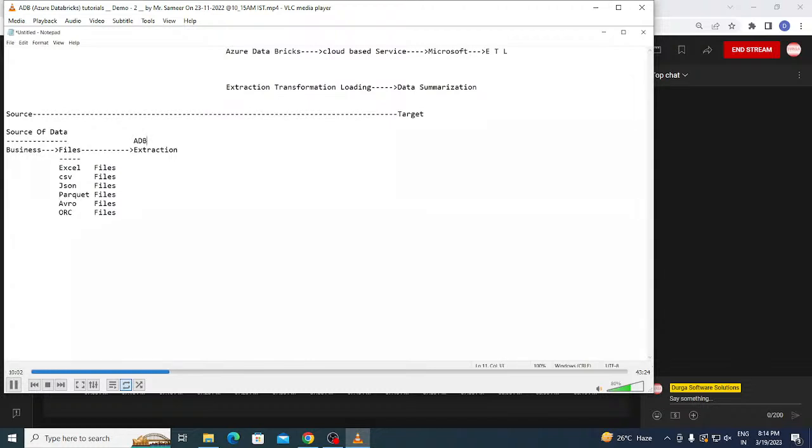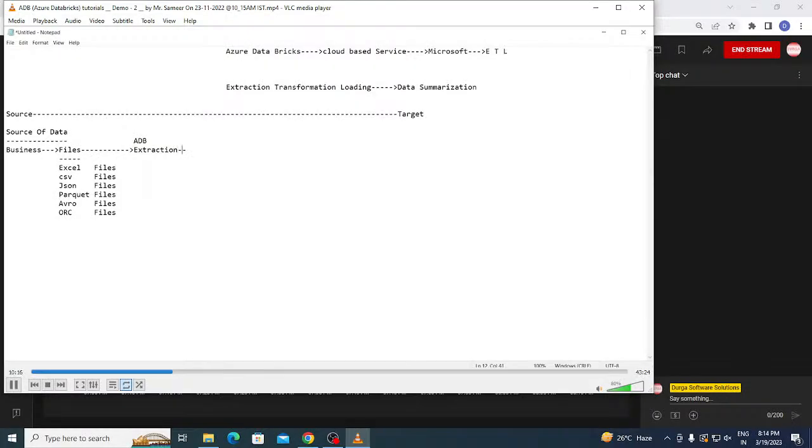By using Azure Databricks, we perform the process of extraction, that means extraction of data. Then extraction is done. Then what is the next level of processing?